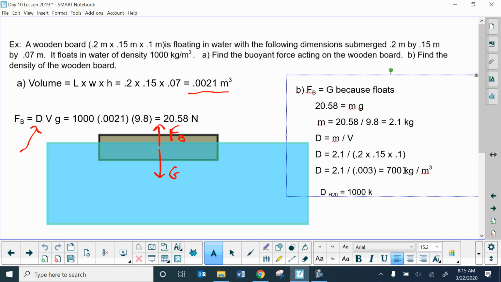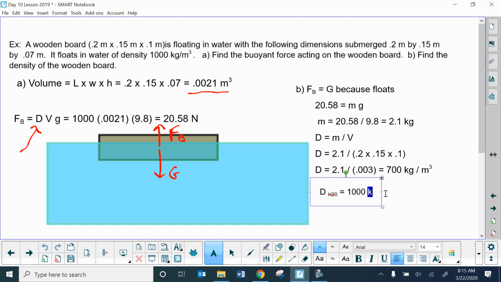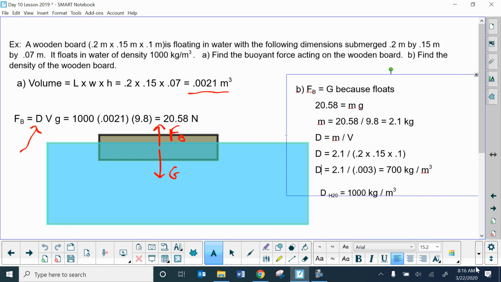If something floats, that means that its density is less. If it sinks, the density is going to be more. So this is the density of the wood, that's what we just solved for here.